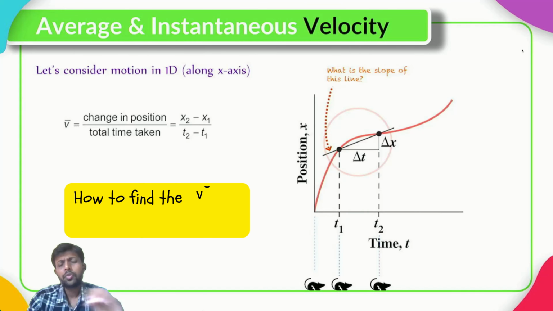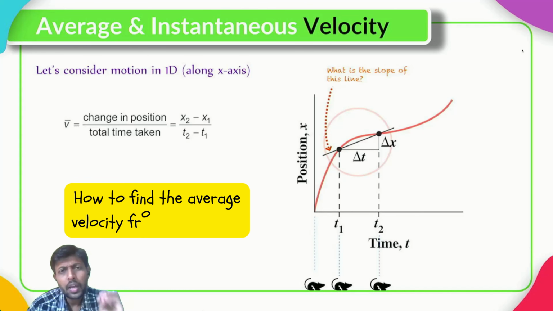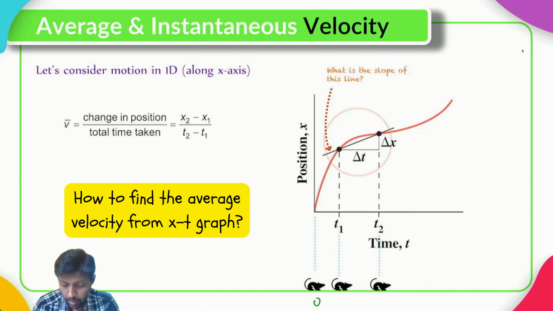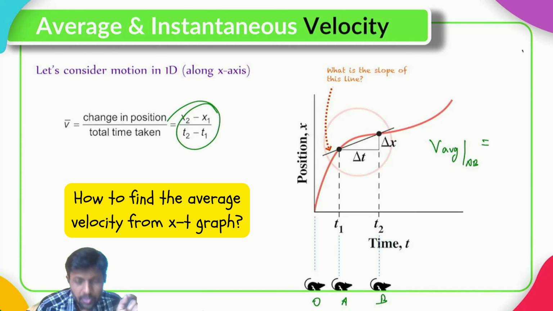So if we have the position time graph, how do we figure out the average velocity and instantaneous velocity from that graph? So here's a motion for you. The mouse starting from origin, moving to point A, then to point B at different time intervals. If you have to find out the average velocity for the journey AB, you know this is the expression for that, x2 minus x1 upon t2 minus t1. What does it mean graphically?